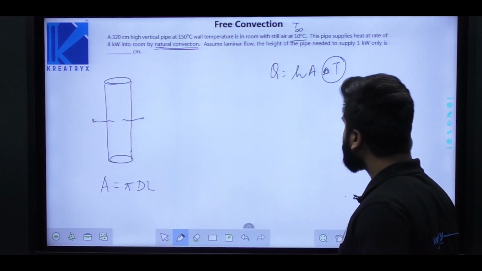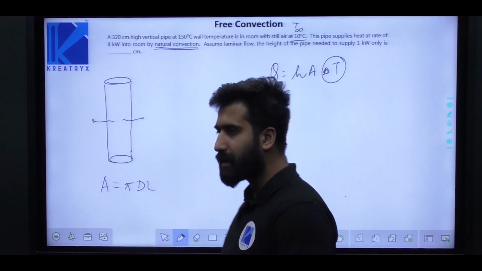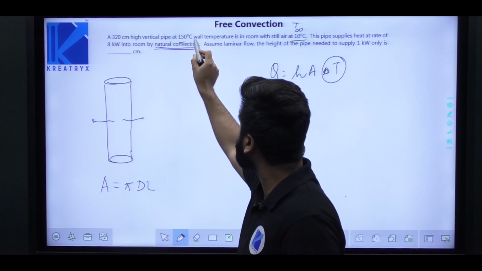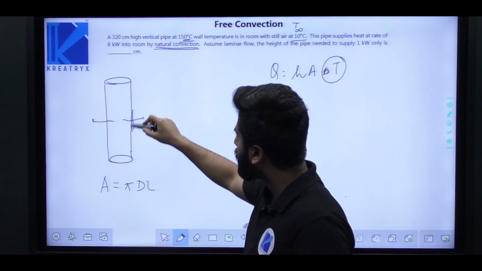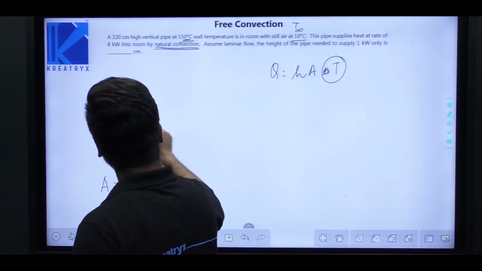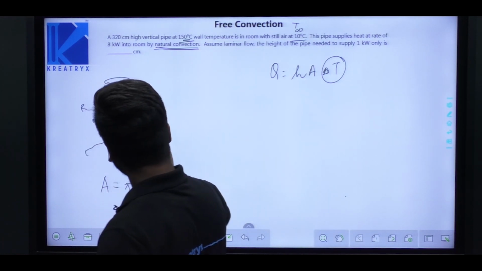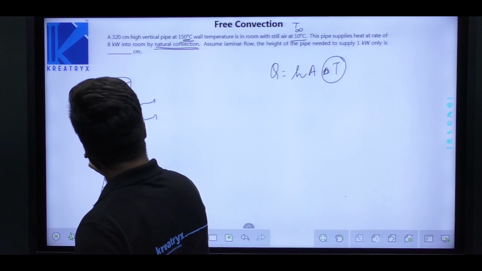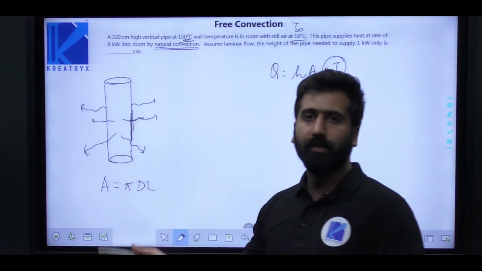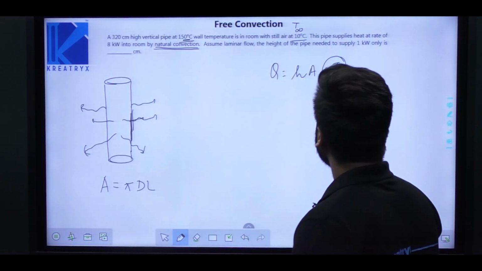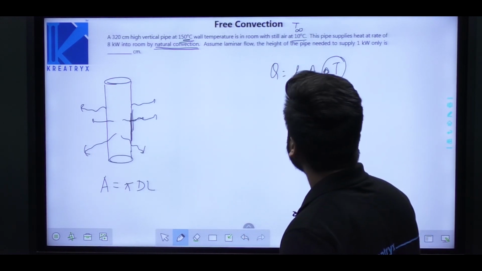No, there is no change in delta T because in the second case also the wall temperature of the pipe is 150 degrees Celsius. So delta T in the second case is the same as in the first case.